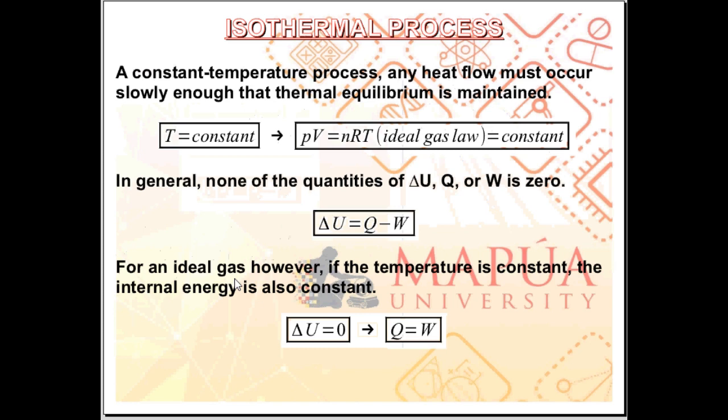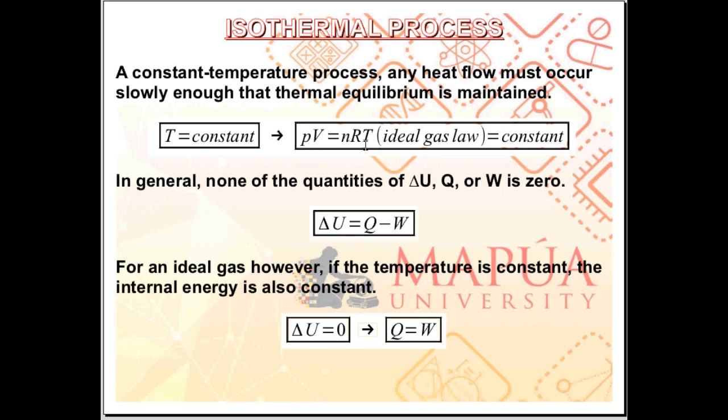And then there is the isothermal process. An isothermal process is a constant temperature process. Any heat flow must occur slowly enough that thermal equilibrium is basically maintained, so that the temperature is constant. For constant temperature, the ideal gas law tells us PV is equal to nRT.